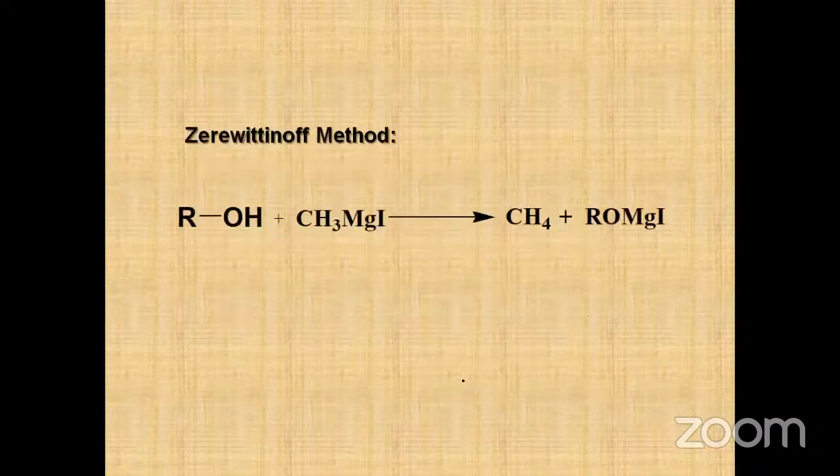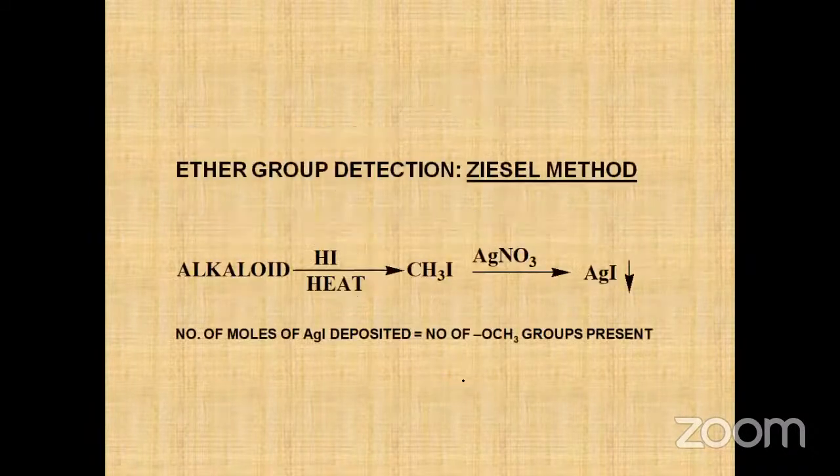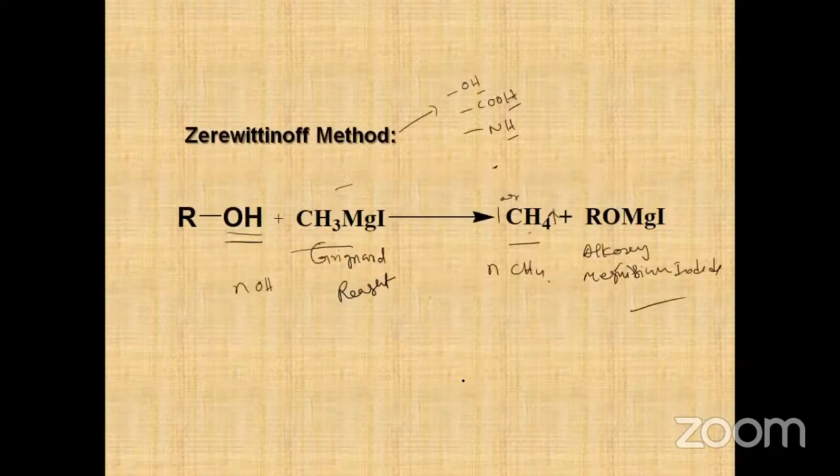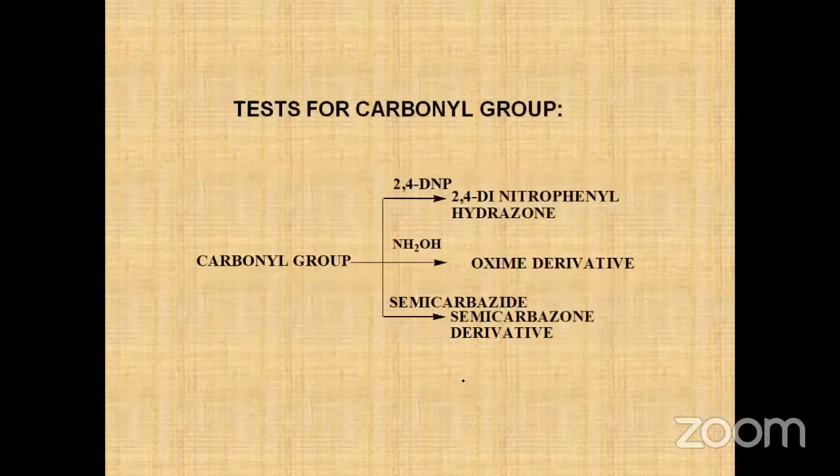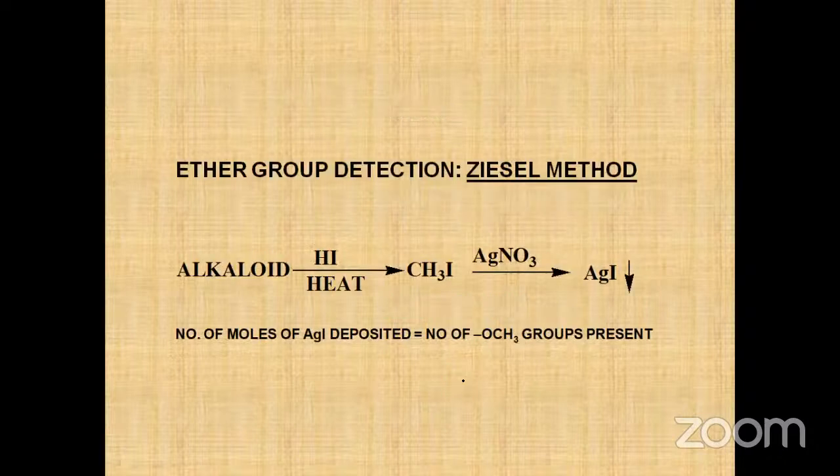Next, coming to carbonyl compounds. Suppose the oxygen is in the form of a carbonyl compound. First, we take the carbonyl compound; later, we will move to the ether.